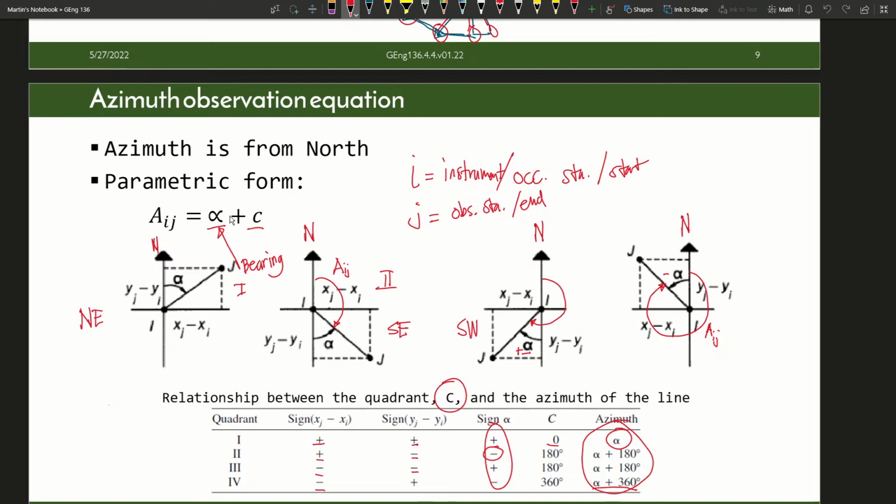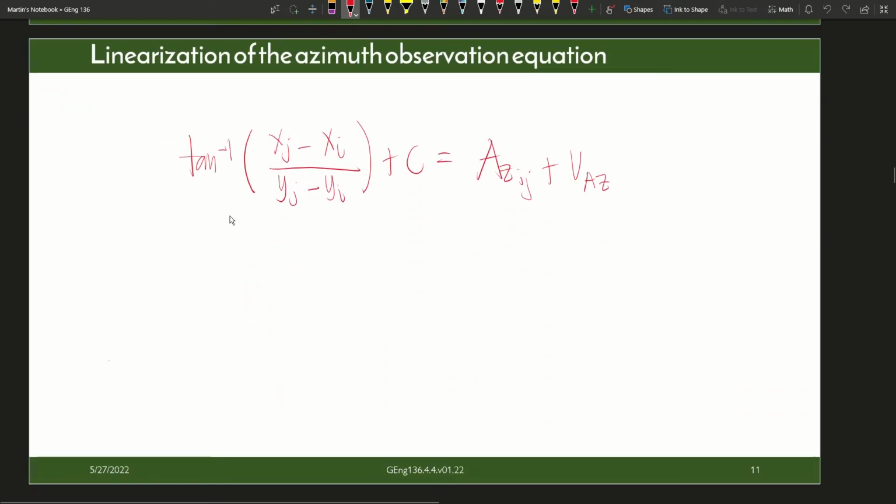So let's move on to the linearization of the azimuth observation equation. So we have this form. Okay, for example, this one. So you have your azimuth. You have differences in x, then differences in y.